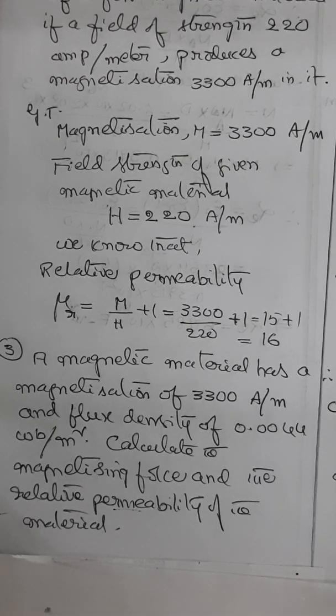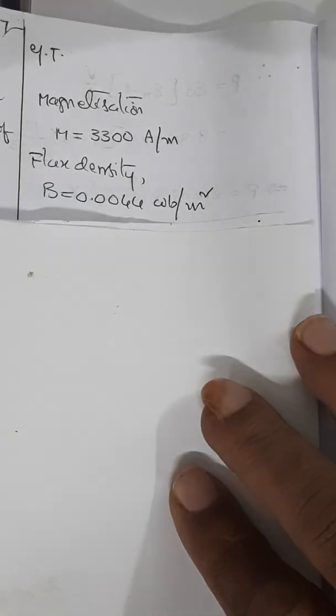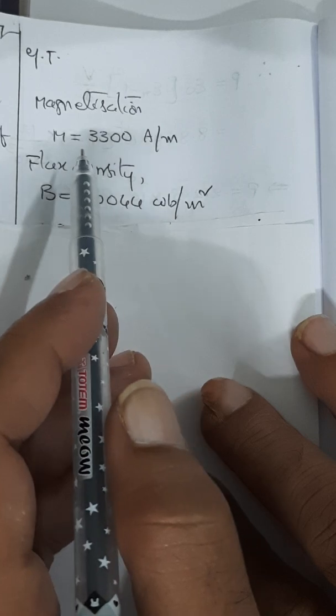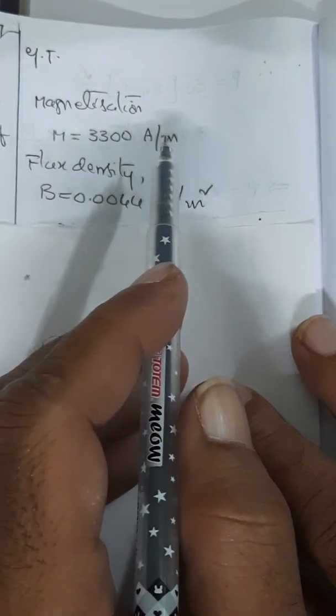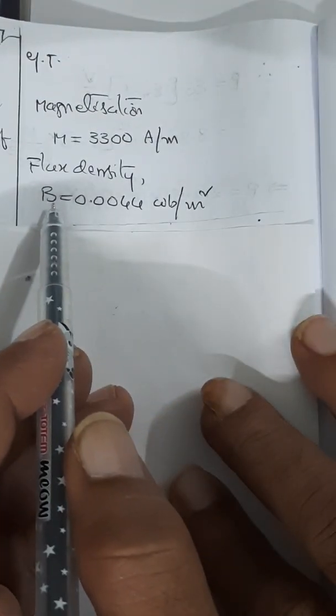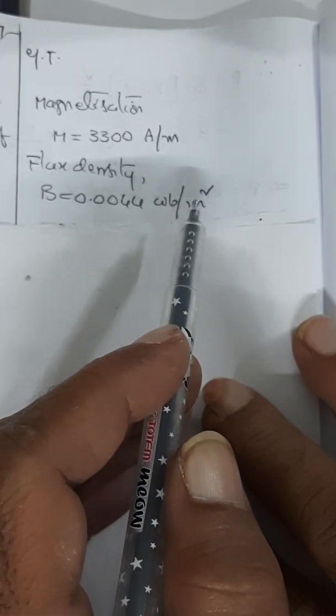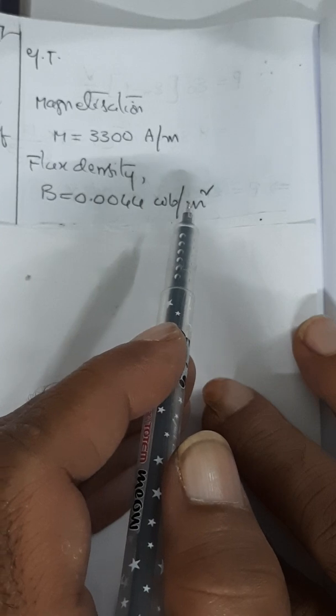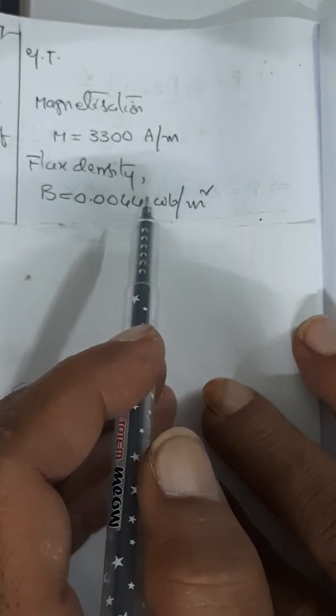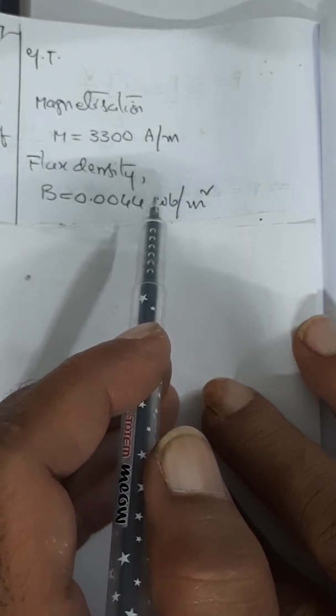So let us see what is given and what to be found. Well, this is given. Magnetization M equal to 3300 ampere per meter. Flux density B is equal to 0.0044 Weber per meter square. Just now I told you that we need to use permeability of free space.